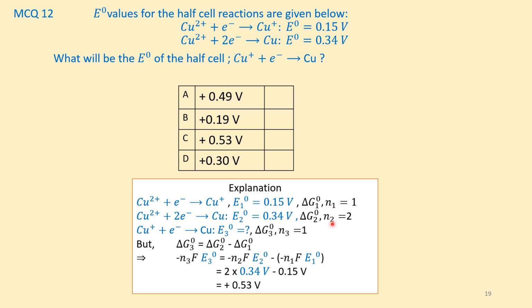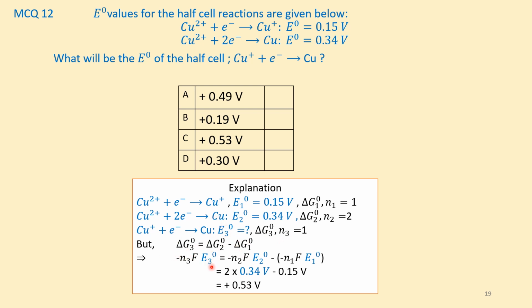So we have to take two different values of n1 and n2. Therefore Cu+ plus e minus gives Cu, E naught 3 we have to find, and for delta G3 naught, n3 is equal to 1. That is the question asked.